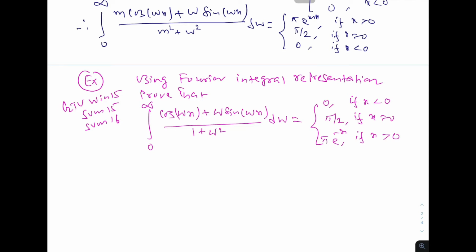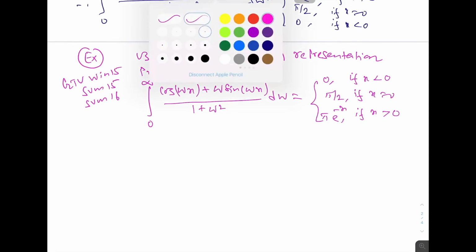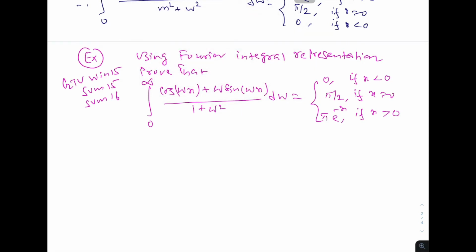So if such an example is asked, this is the way you can solve it. I am not going to solve it completely because we have already solved it previously.